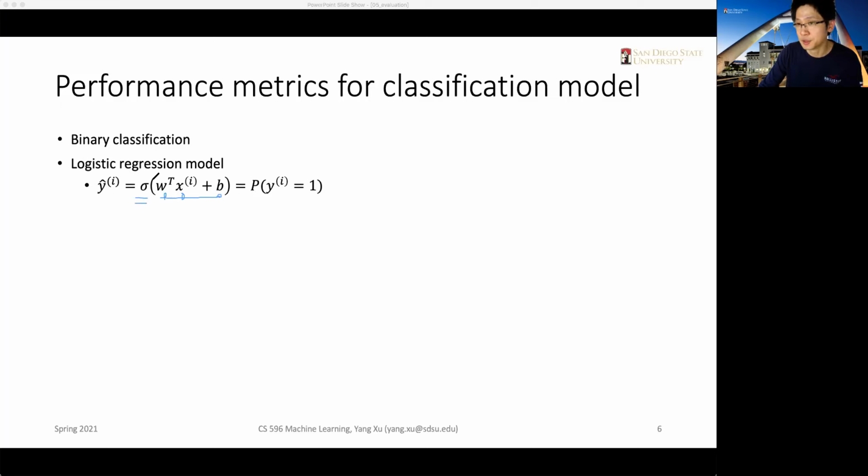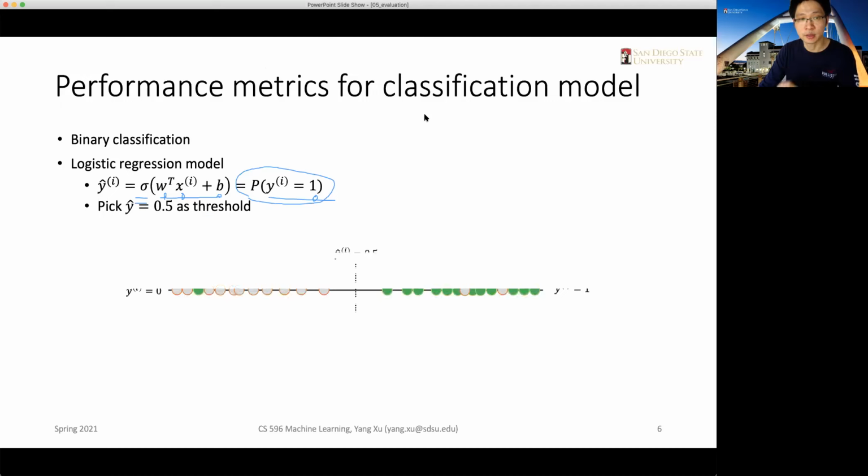The output of the sigmoid function is the probability that the data point belongs to class 1. This is the y hat, the prediction. When we make predictions, we use the middle point of the probability as a threshold.